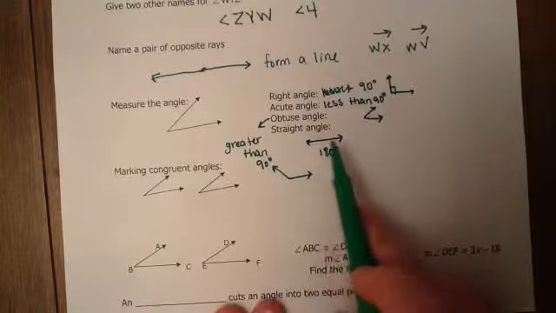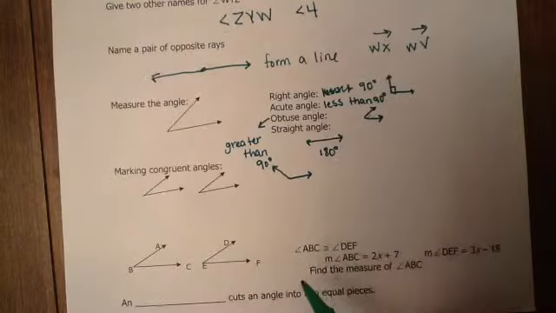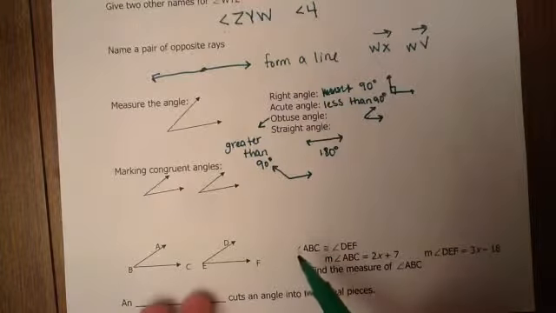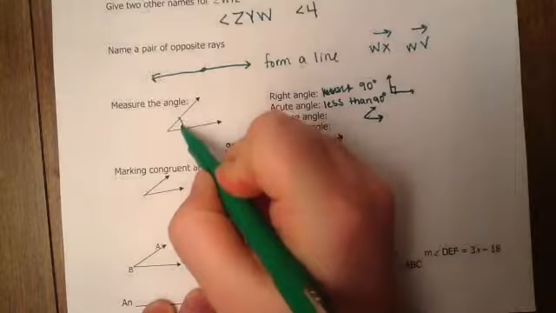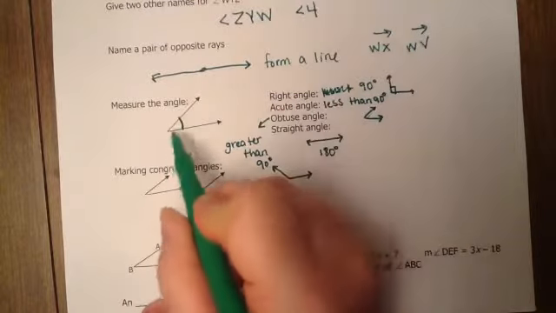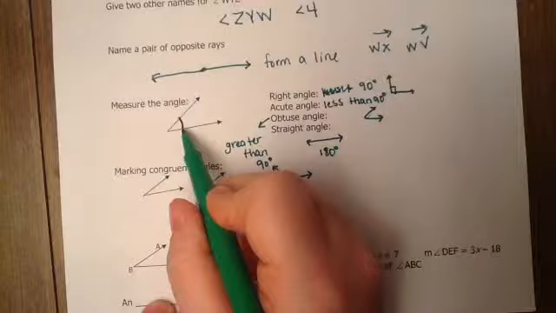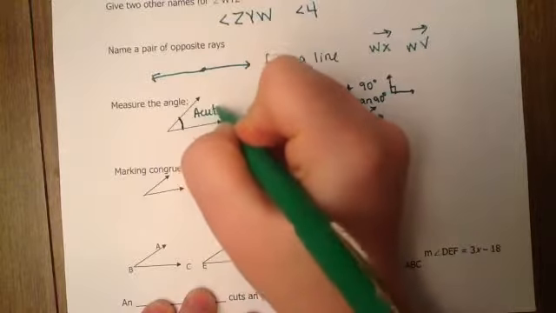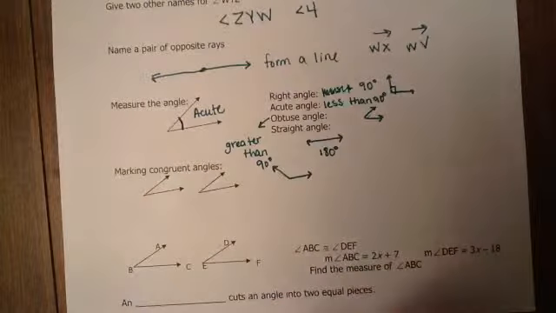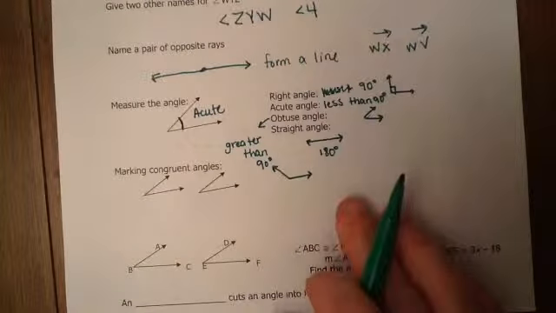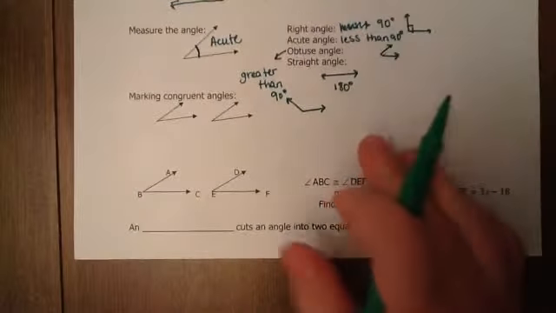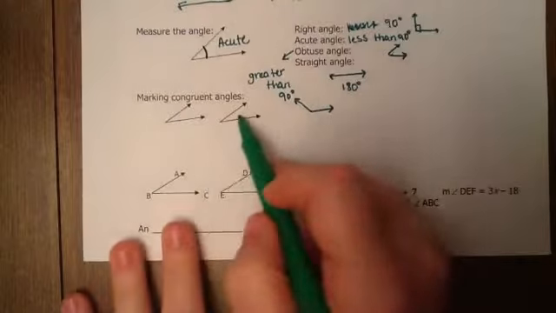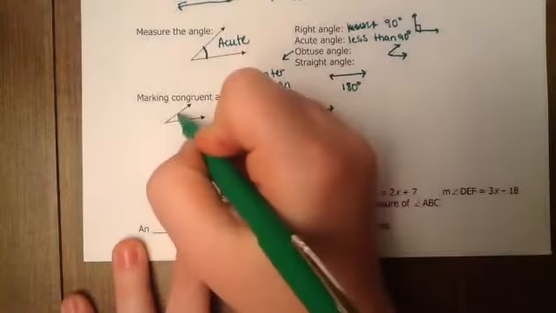Straight angle is a straight line, and they measure 180. So given this angle here, what type of angle would we say this is? This would be acute. Less than 90.